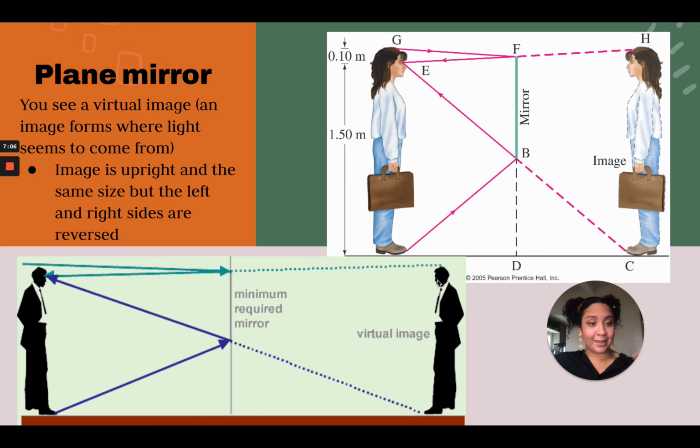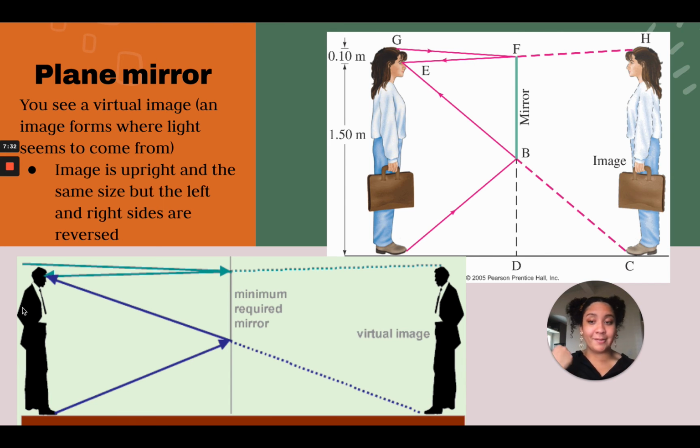When you look in a bathroom mirror or just a straight up and down mirror, that is a plane mirror. You see a virtual image, so we know we're not inside that mirror, right? That means it's virtual, it's not real. And the image is upright, and it's the same size. We're the same size as when we look into a mirror, but our left and right are reversed.